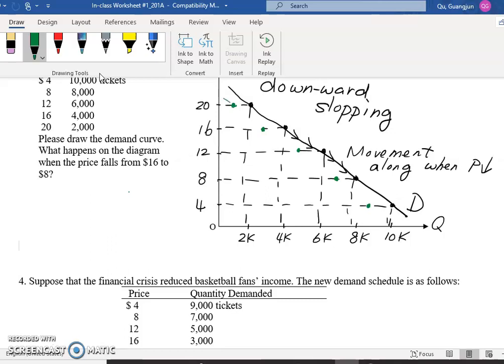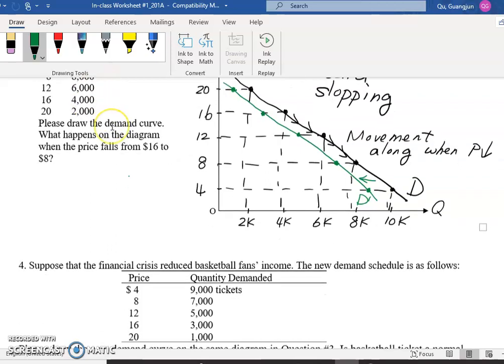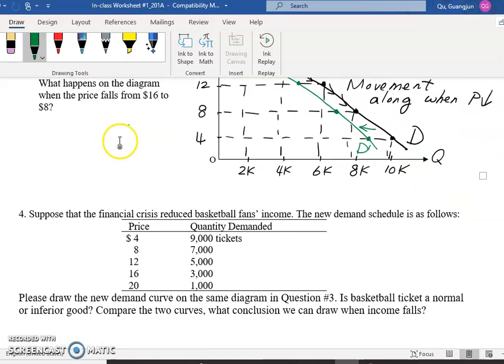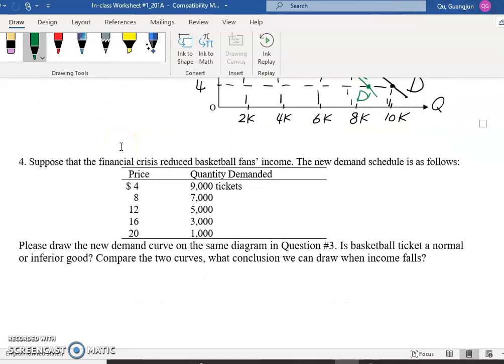Now we're going to connect them one more time. So let's see, this is going to be the D prime, the new demand curve. Okay. Interestingly, we find that the new demand curve lies on the left-hand side of the previous one. In other words, there's a leftward shift of the demand curve.